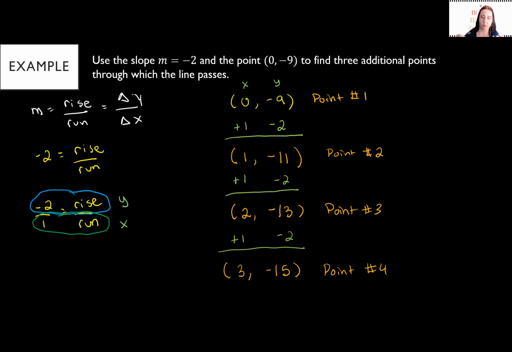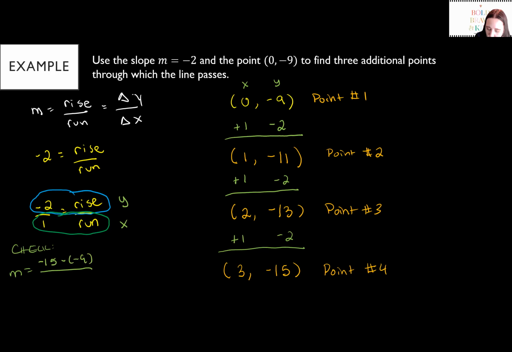Like if you found the slope between point 4 and point number 1, you will get a slope of -2. So you can check your work, and let's just do that here. I will use point number 4 and then point number 1. So point number 4, our Y value is -15. And for point number 1, the Y value is -9.